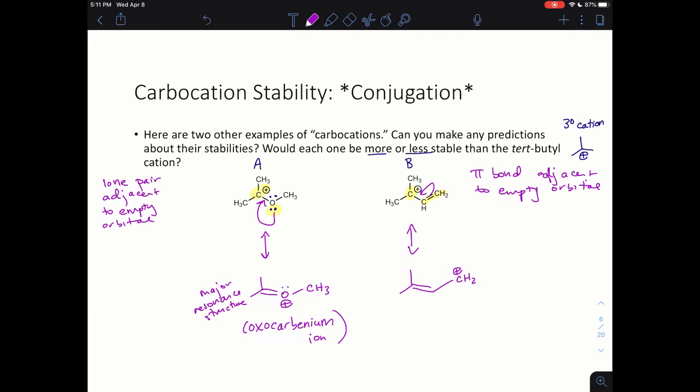Now, both of these molecules are stabilized by what's called conjugation. There is a direct connection between, for the oxocarbenium ion A, this lone pair, which is actually just shared as a pi bond. Both resonance structures describe the molecule, but one of them has full sharing as a pi bond.